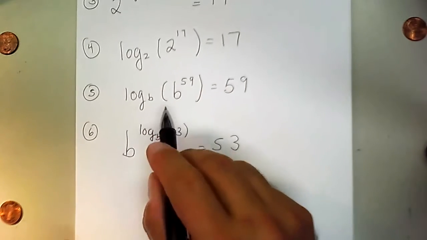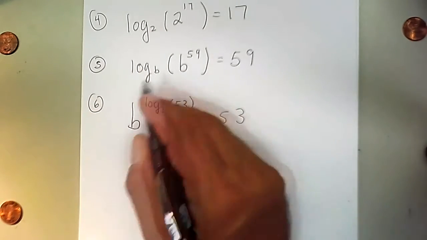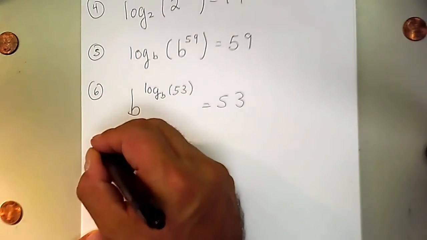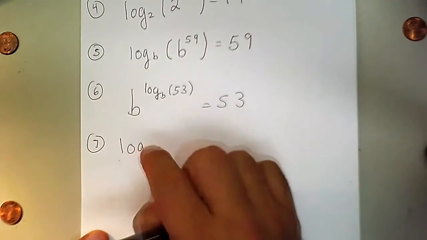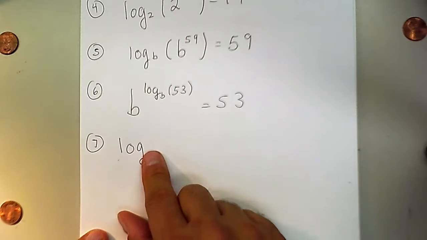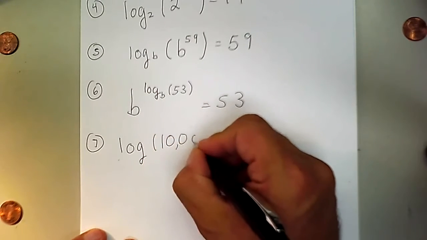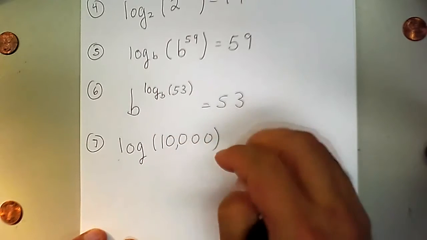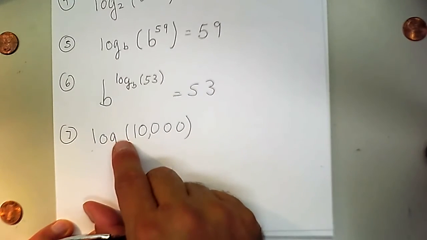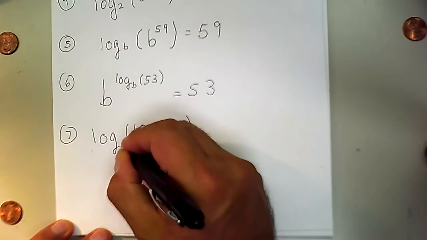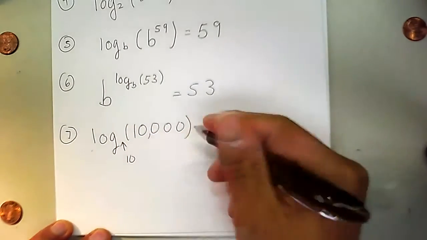Now, sometimes it is true that this is what's going on, but it's not obvious. Let me give you another example. Say you want to find the common logarithm, base 10, of 10,000. The base is 10, so keep that in mind. So if we could write this as 10 to a power, then we are all set.